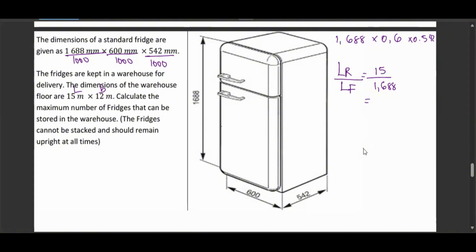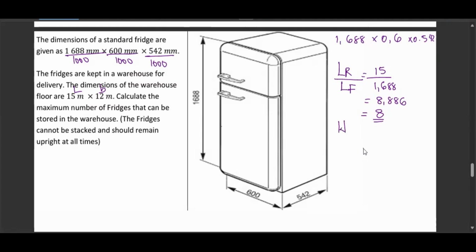So the answer there becomes 8,886. So here we said there will be 8 fridges on the long side. So we go on and we ask ourselves, what about on the short side?